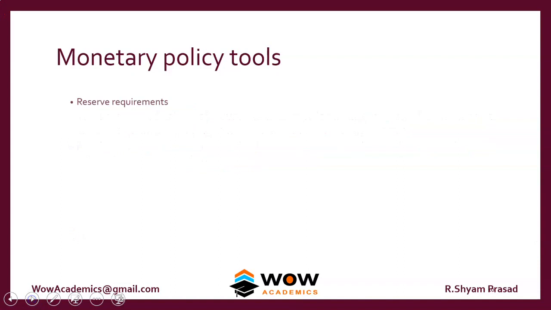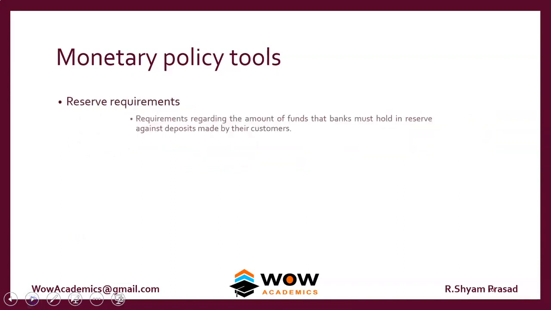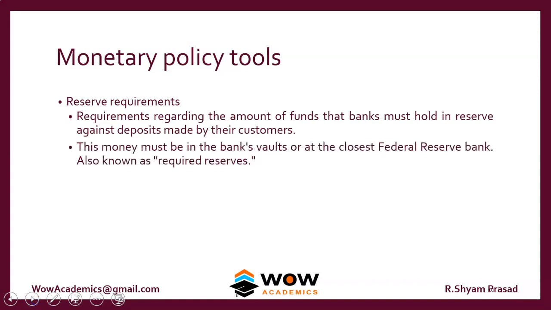So we'll move on to the next tool. It's called reserve requirements. Reserve requirements work like this. Every bank operates on deposits. Assume that you deposit 100 rupees, that goes to the bank, and the bank gives it as borrowing, the same 100 rupees.